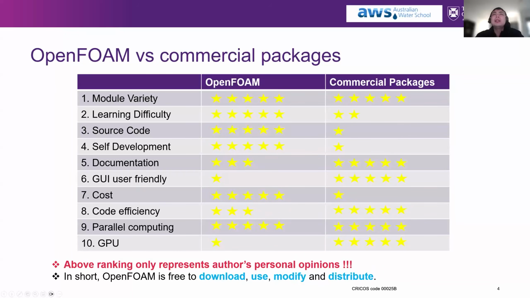In terms of learning difficulty, I would say OpenFOAM has a really steep learning curve, and the commercial packages are relatively easy. In terms of source code, OpenFOAM is 100% open source, so you can have a look at the source by yourself.